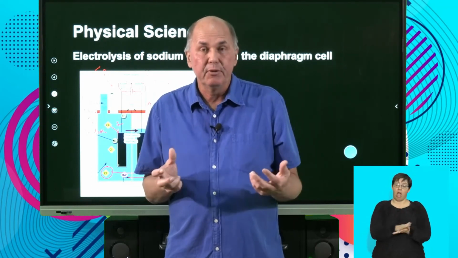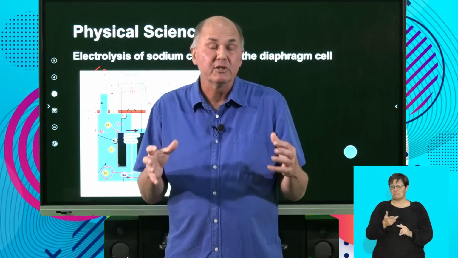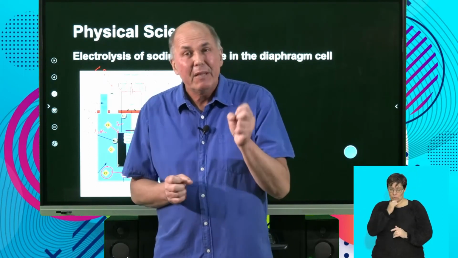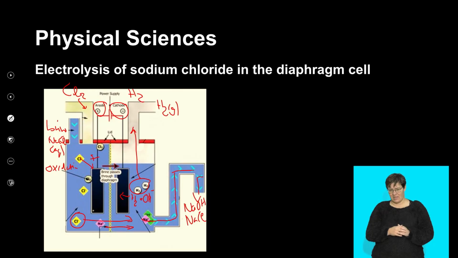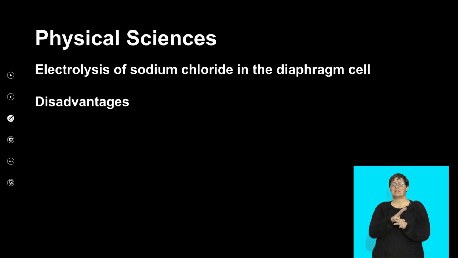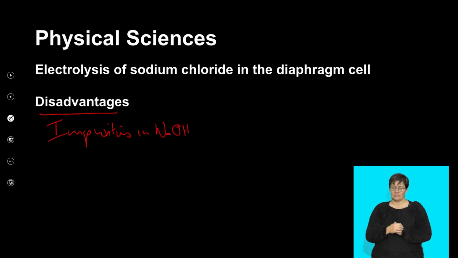It was impure, but not so much that you couldn't use the product. But people still wanted pure caustic soda, and that was when we started to develop the new type of cell. So the disadvantage of the diaphragm cell was that there were impurities in the sodium hydroxide. As I've explained, that was because of the chlorine getting through.